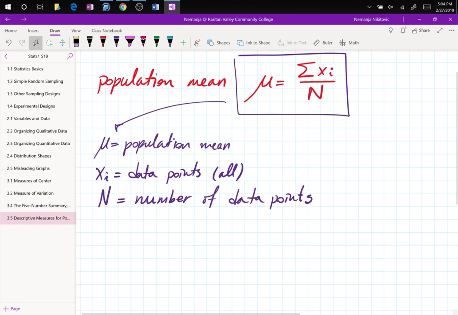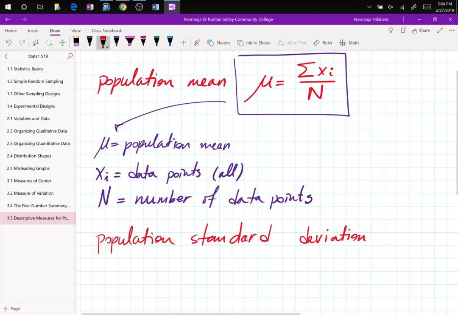So that's the population mean. And then we have population standard deviation. Oh, I forgot to say that the symbol mu is a Greek letter, equivalent to our M.